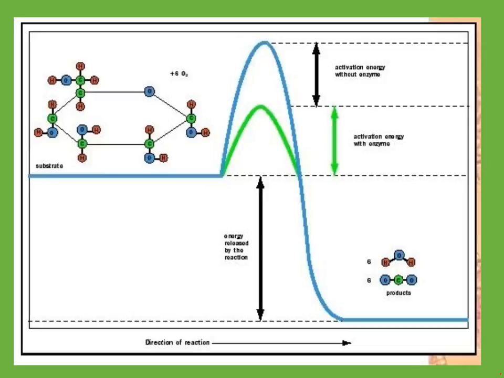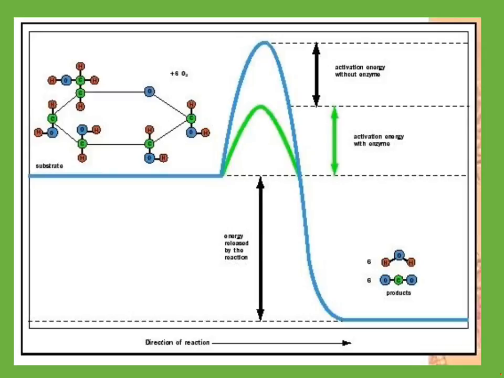In the second graph, which is green, you have a lower peak. In this case, an enzyme is involved, the activation energy is low, and the reaction occurs very fast, or faster than the first one, because an enzyme is involved.